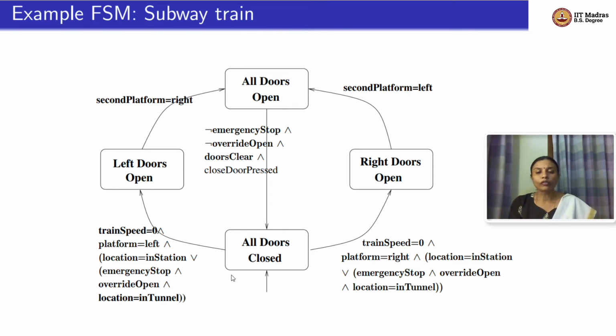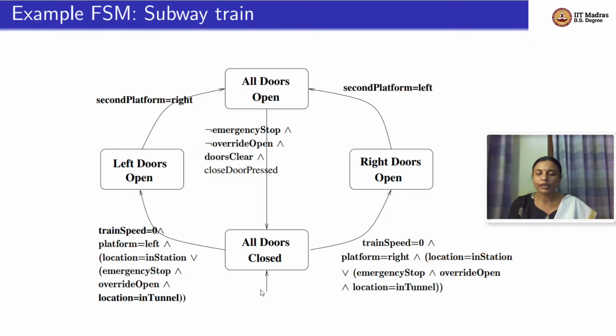Symmetrically, you can go from state all doors closed to right doors open. If the train is again not moving, train speed is 0, platform now is on the right hand side, the location of the train is inside station, or somebody has pressed emergency stop and override open and the train is located in the tunnel.